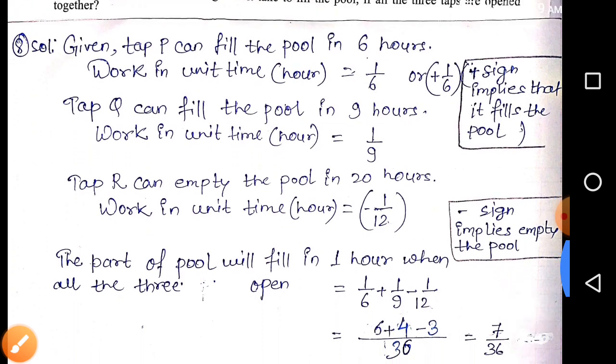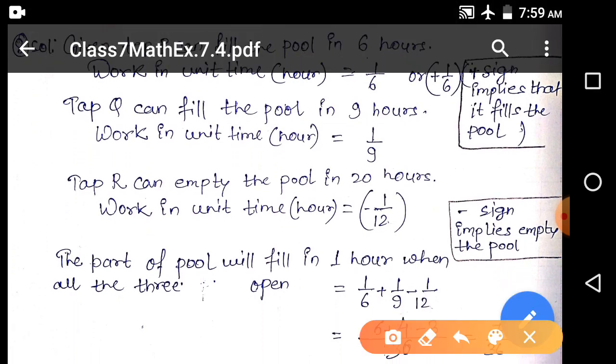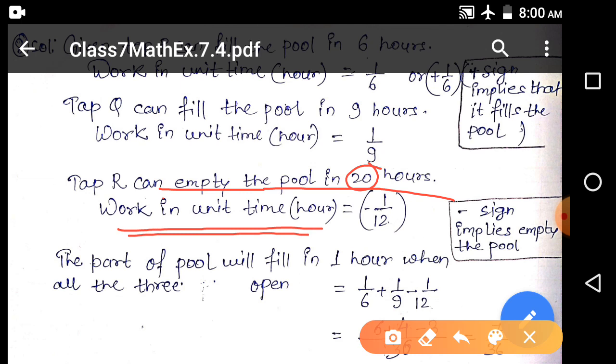Now tap R is also there, and this tap R can empty the pool in 20 hours. Sorry, not 20, it is 12 hours. It is written 20 but it is actually 12 hours in the question. So here tap R can empty the pool in 12 hours, and that's why the work done per unit time, that means the part of the filled pool emptied by R in 1 hour, is equal to minus 1 by 12.